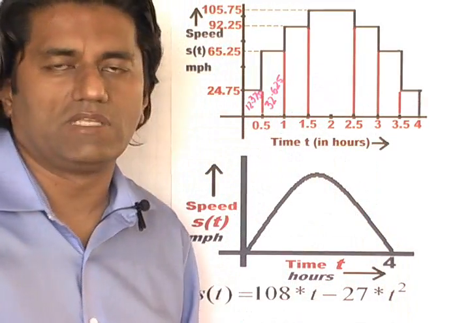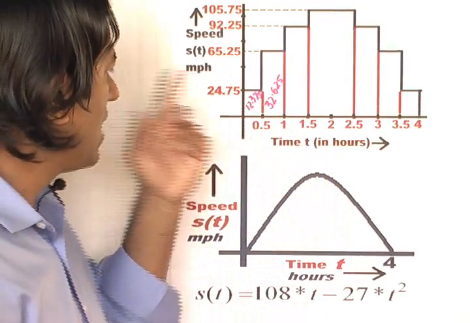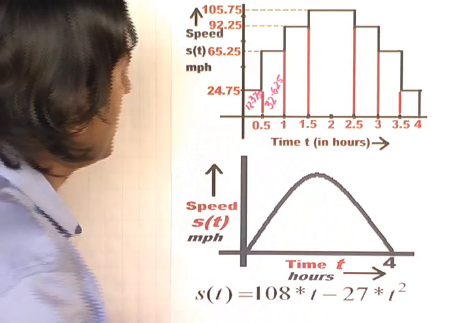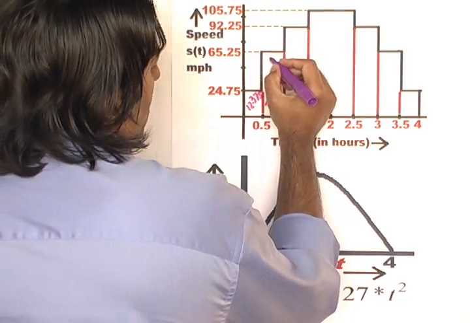So that's how much you traveled the next half an hour. And I add these two. So the first hour you would have traveled, when you add these two, you get 45.